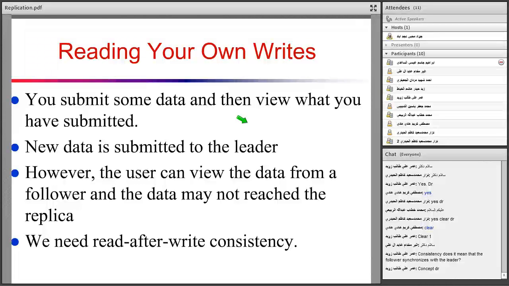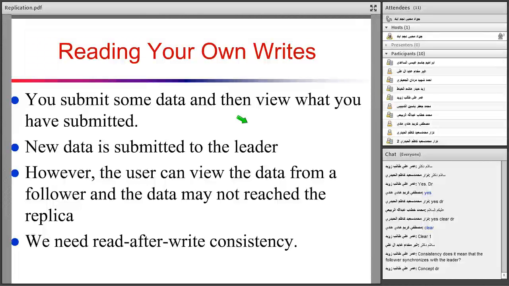In the second state, when I'm in the car, it's possible that I connect to one asynchronous follower, which doesn't get the latest information from the leader.